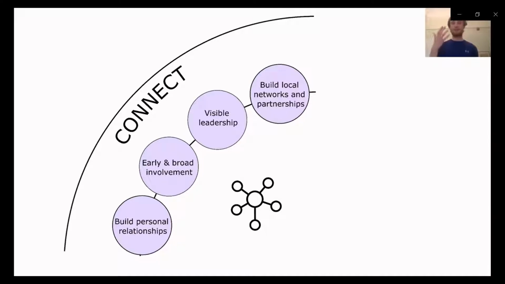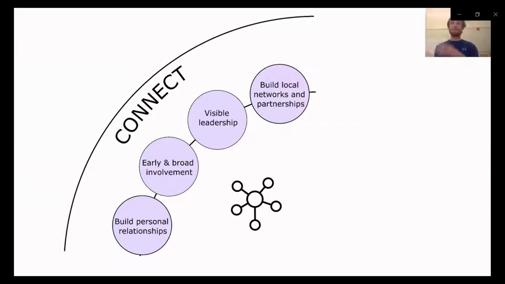It's also important to have visible leadership, to be really present there, rather than being an outsider, you really have to integrate yourself by being visible, by early and broad involvement of the community and its stakeholders. So rather than saying, hey, we've restored an ecosystem, what do you think of it?